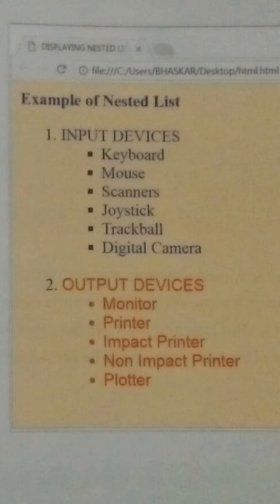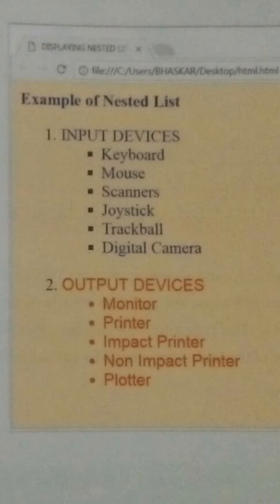Example of nested list, it is printed there. Under it, first, second, 2 points are here. These are printed by the OL tag. Number 1 and 2 are printed by the OL tag, and under the one it is the input device.